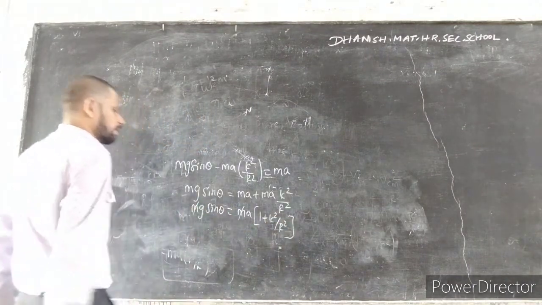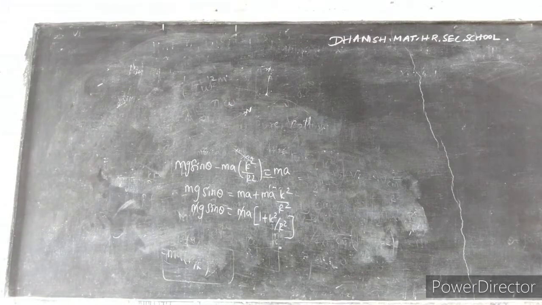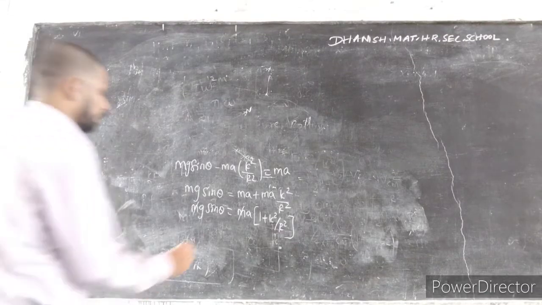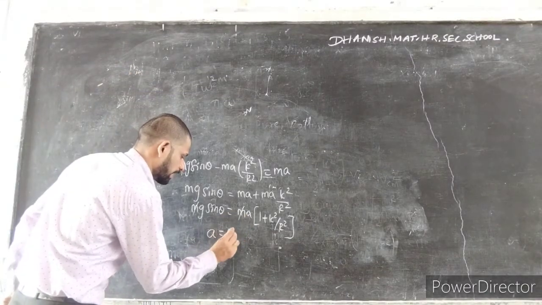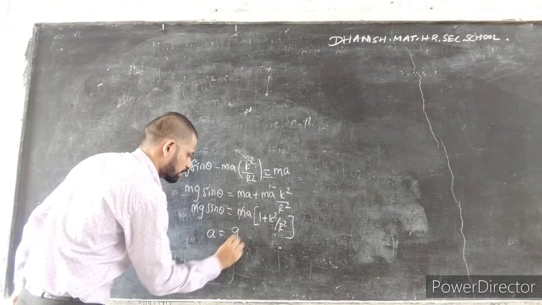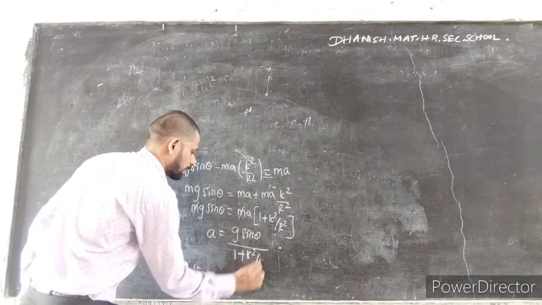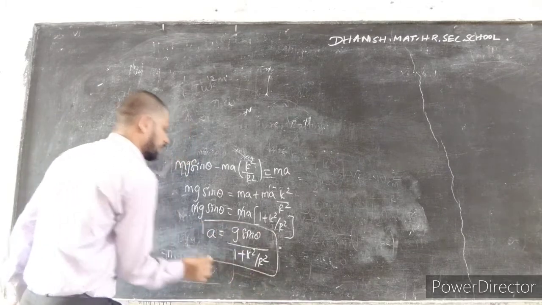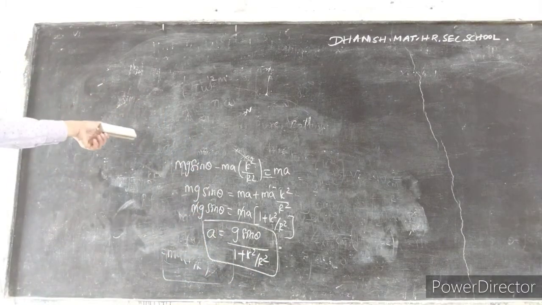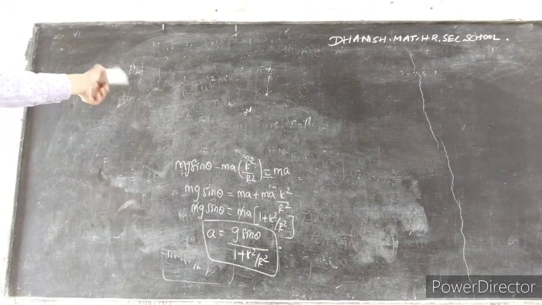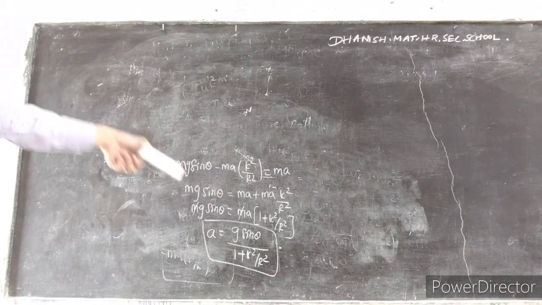m will be cancelled. So g sin theta will be equal to a times 1 plus k square by R square. Now we have to find what a is equal to. This is the acceleration when the particle rolls on that inclined plane.